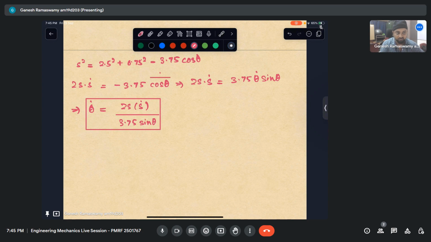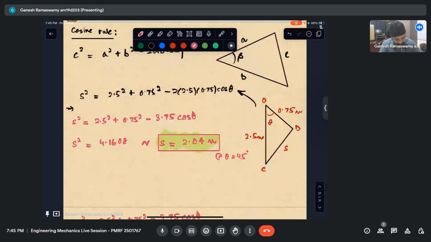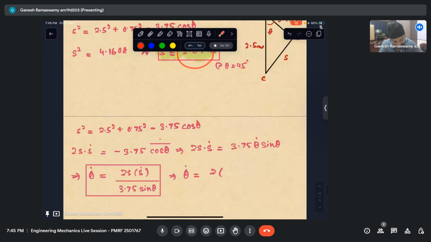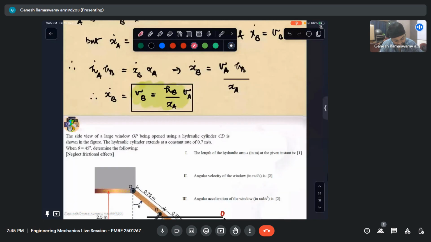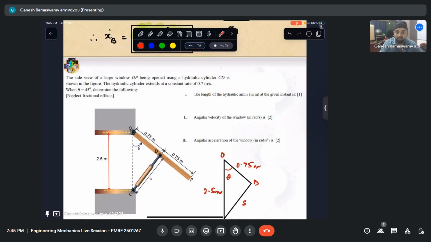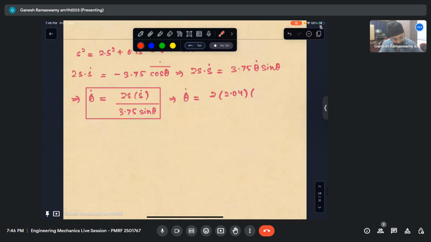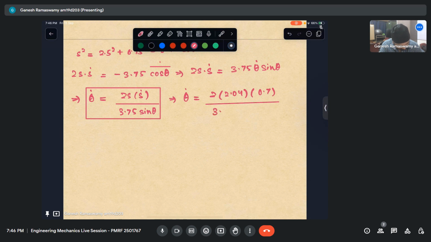Okay, so in that case, can I substitute this? So theta dot will be 2 into s, which we have just found to be 2.04 meters. So I can substitute that. So it will be 2.04 into s dot. In the question, s dot is given as 0.7. So this is constantly extending at a constant rate of 0.7 meters per second. So this is 0.7 divided by 3.75 into sine 45.